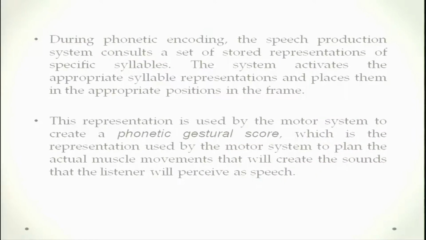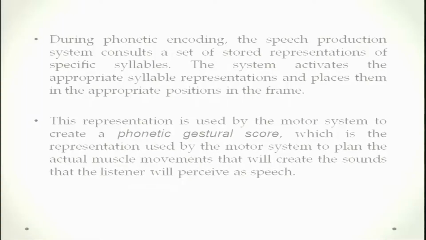During phonetic encoding, we are moving further than this. The speech production system has a set of stored representations of specific syllables. How is this produced? So, cat versus cut. How is this syllable actually produced? This is what is stored, and the phonetics will decide how you are going to produce a particular set of syllables.